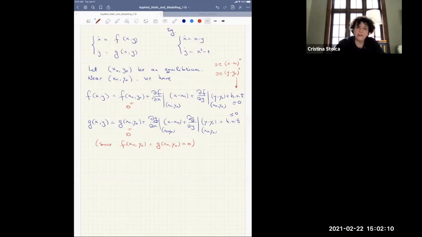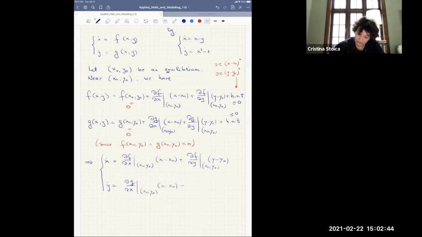Now I'm going to write the leftover. What we end up with is x dot equals df/dx at x naught, y naught times (x minus x naught), plus df/dy at x naught, y naught times (y minus y naught), and then y dot is the g part.